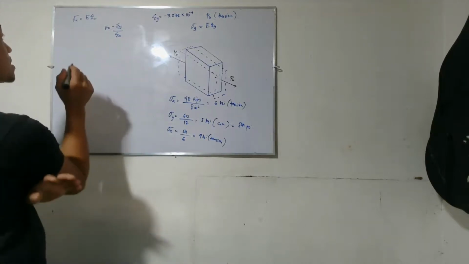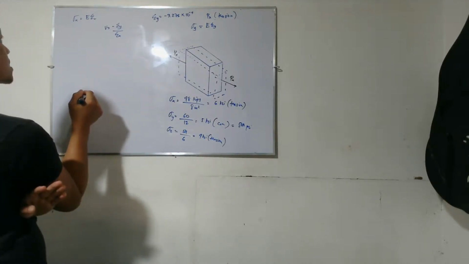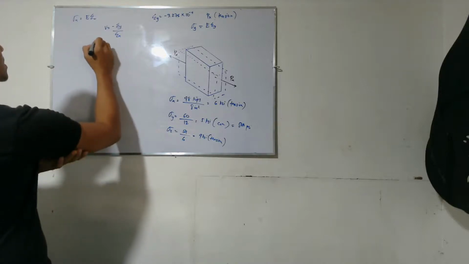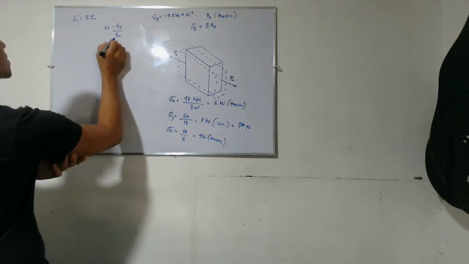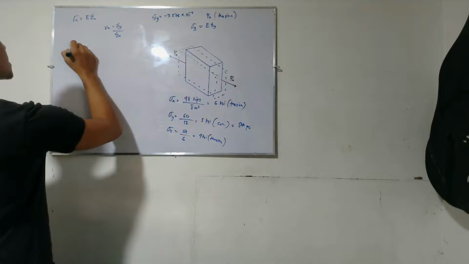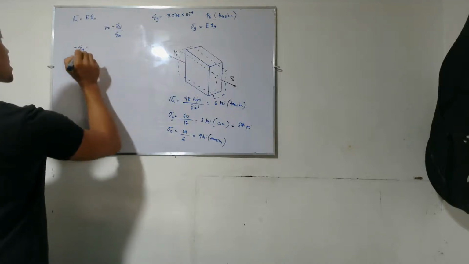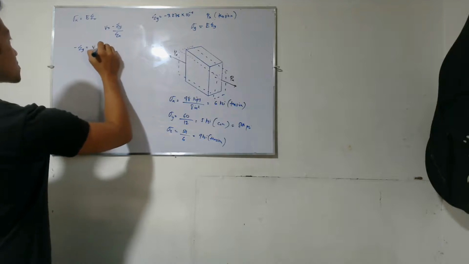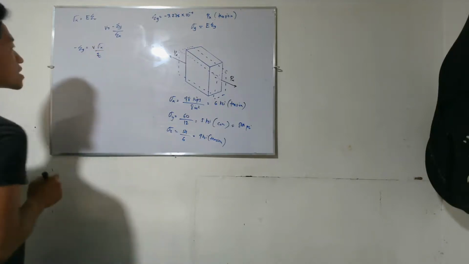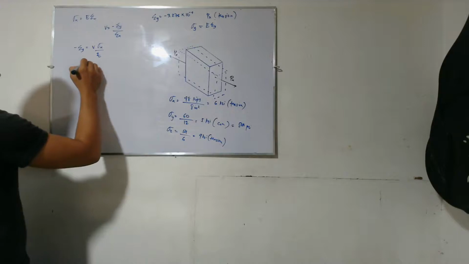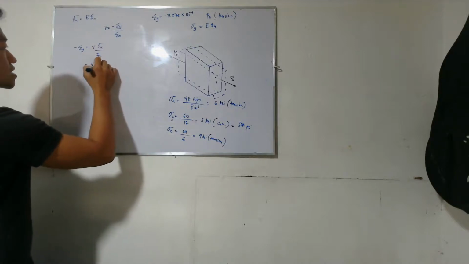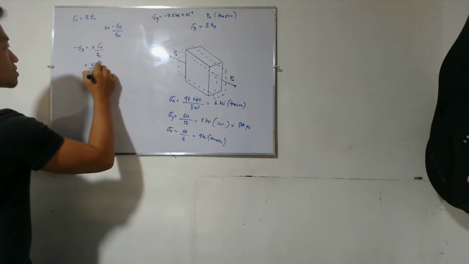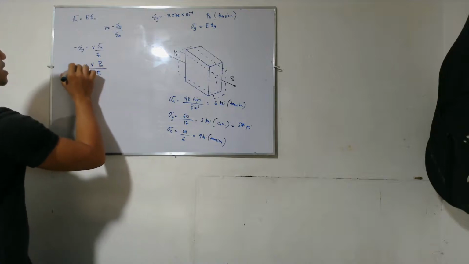So now it becomes negative E times strain in Y times V, stress of X over E. Take note that stress is force over area.